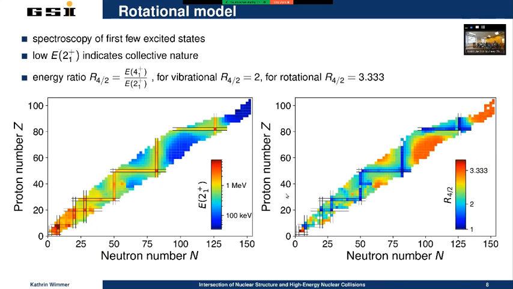Magic nuclei for the R42 have a ratio of less than 2, around 1, because it's just a pair breaking thing. So the excitation energy of the 2+ and the 4+ state does not differ much in the magic nucleus.